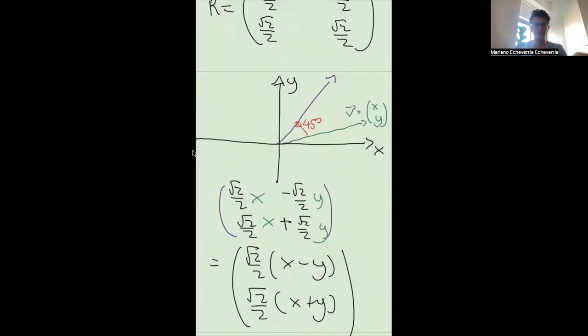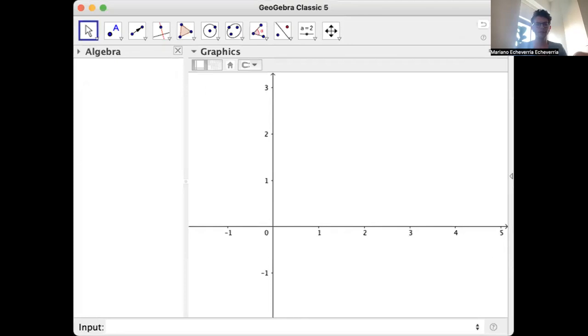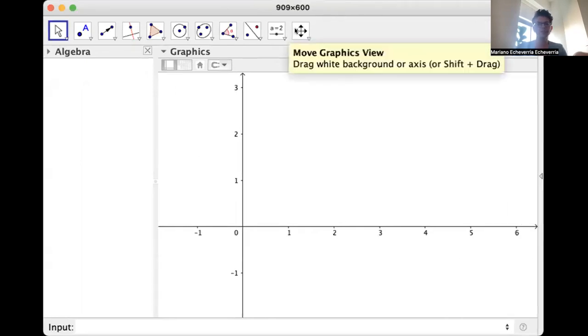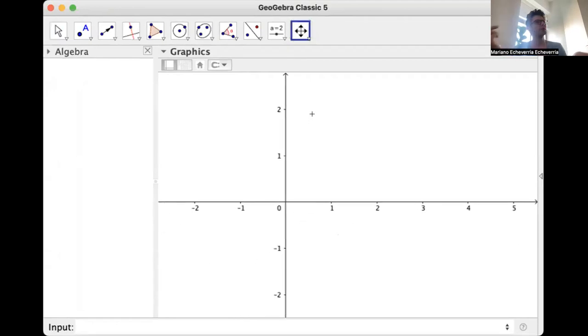It's nice to see a very concrete animation where this is working out. So let's go to GeoGebra here. By the way, you can download it for free. If you want to have the app, you can also go to their website, geogebra.com or .org, and work with an online version that doesn't require download. But I find it very convenient.